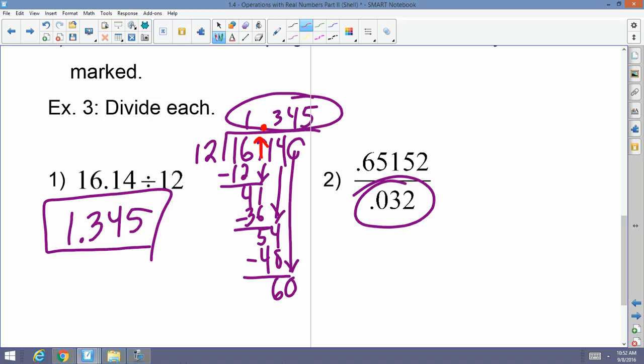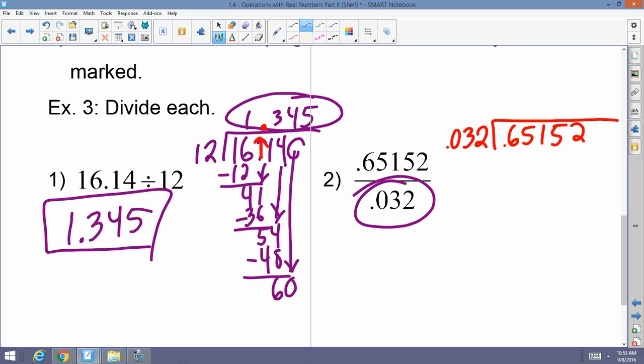So now in this particular case, who's the denominator here? Who goes on the outside? That's right. How can we say that properly instead of 0.032? 32 thousandths, yes. So I've got 0.032 into 0.65152, which is 65,152 tenths, hundreds, thousands, hundred thousands.